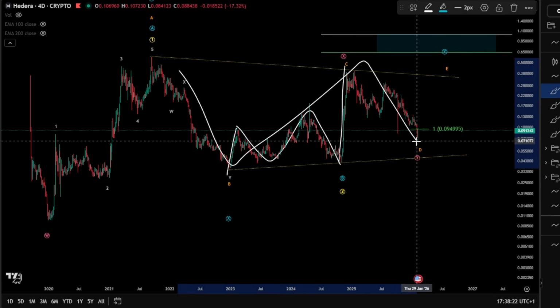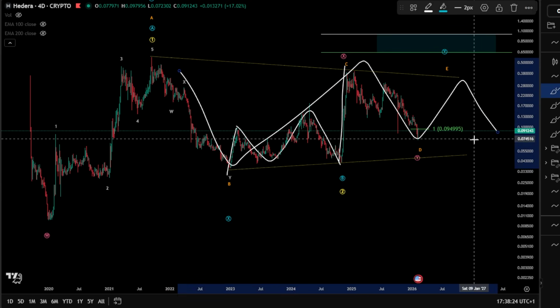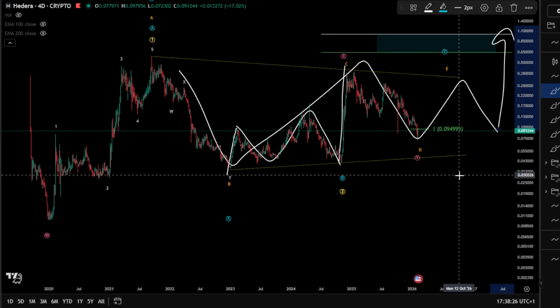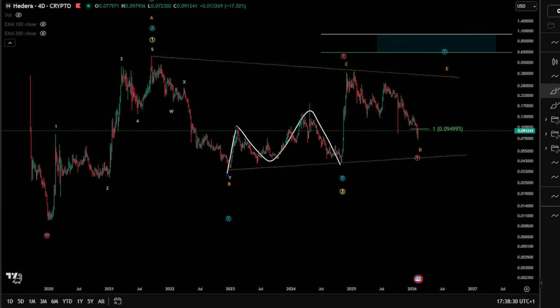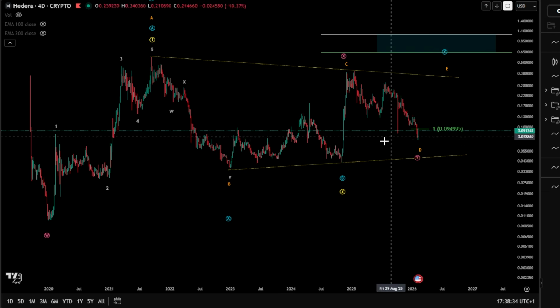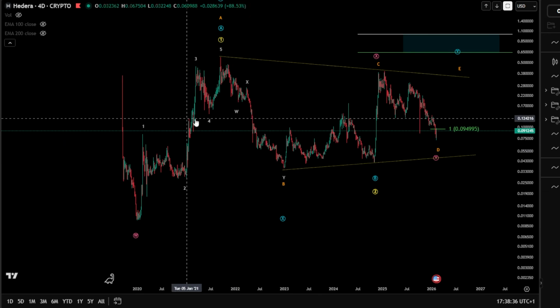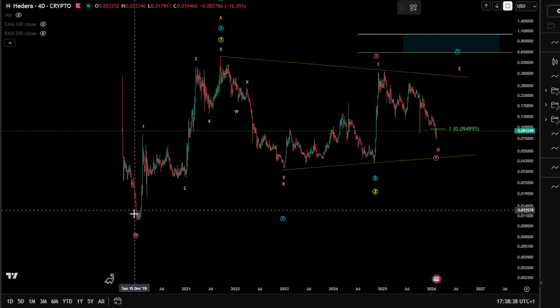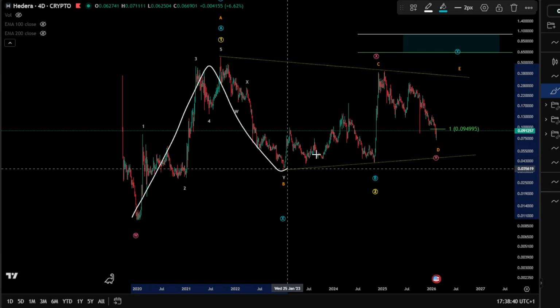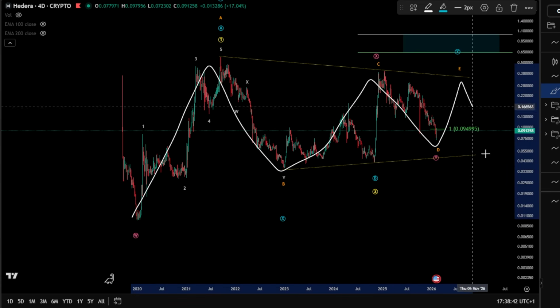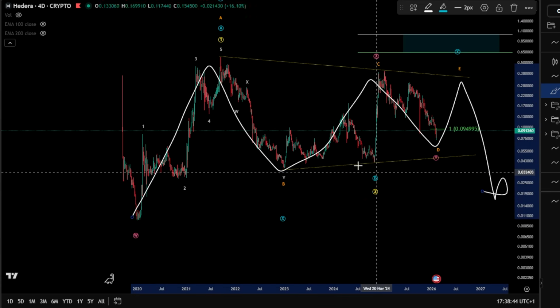So A, B, C, D, and E, of course, might still be unfolding and then pushing for higher later on towards higher prices again. Another possibility here is, of course, a bigger triangle, a large triangle, all of it as an A, B, C, D, and an E, but this is going to be very, very bearish, of course.